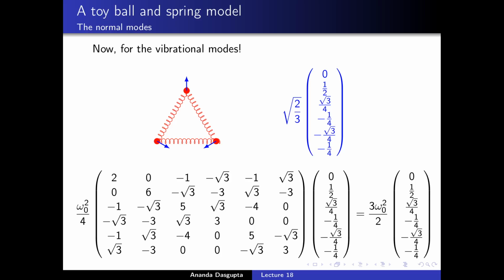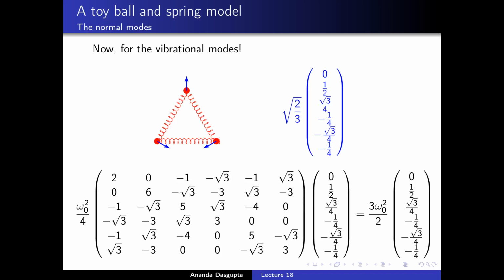So now what we have figured out in the end is that for our toy ball and spring model, the eigenfrequencies are root 3 omega 0 and root 3 by 2 omega 0. The root 3 by 2 omega 0 normal frequency is twofold degenerate. There are two independent vibrational modes, each with this frequency.